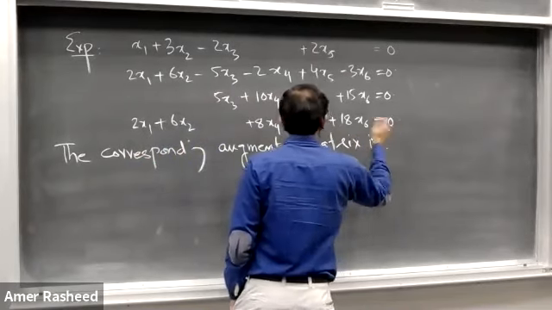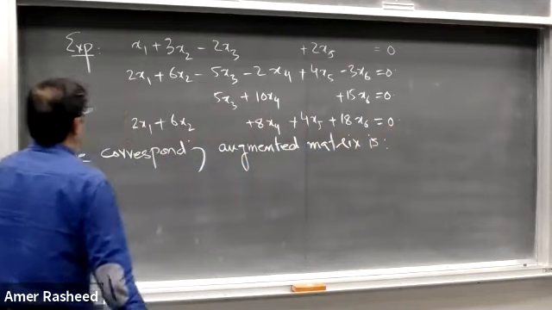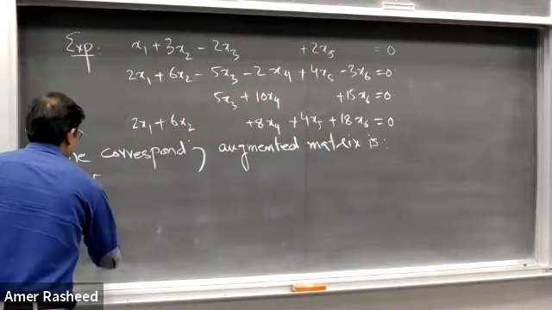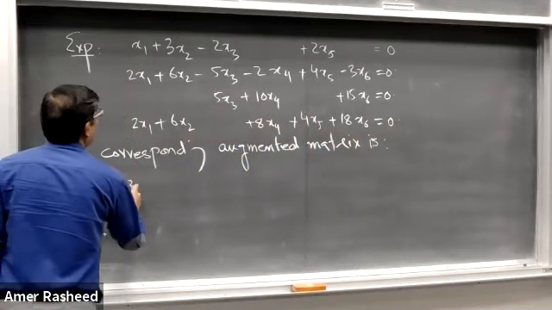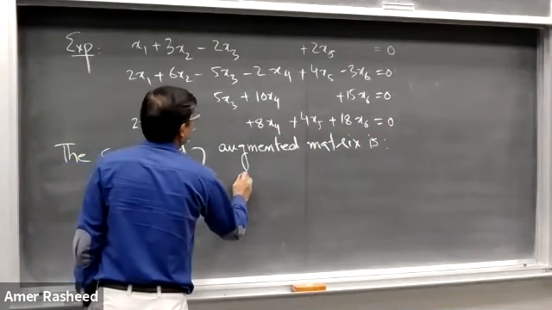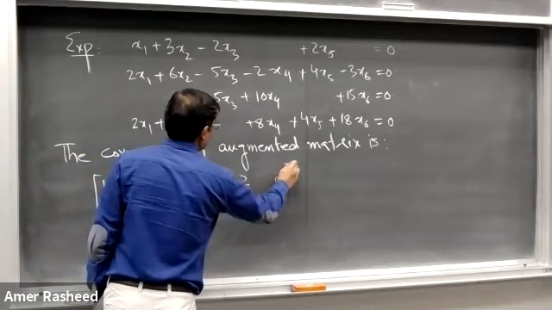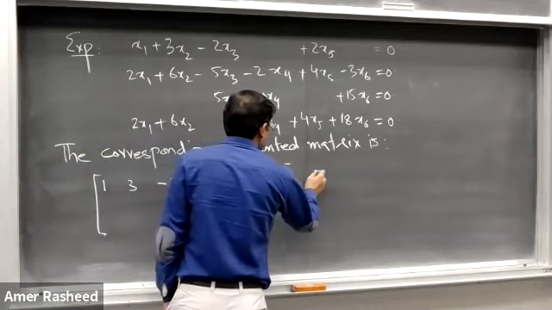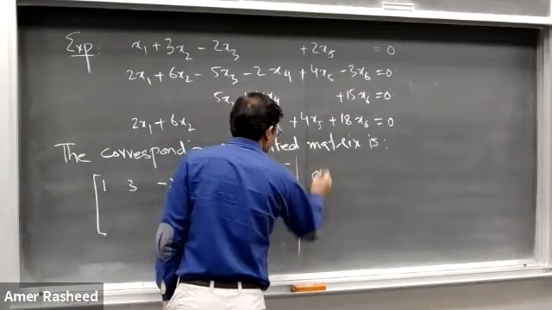We write 1, 3, -2, 0, 2, 0, and the right-hand side is also 0.